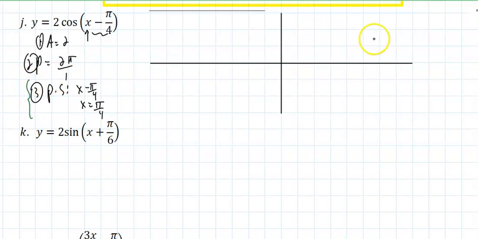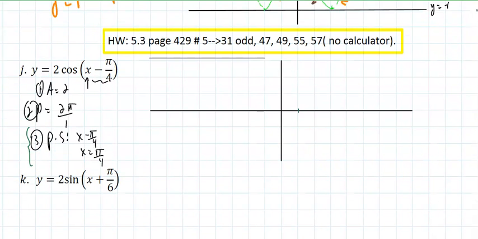I have a shift of pi over 4. I'm going to say pi over 4 is right here. Sometimes I have to adjust that a bit. So this is my new origin, x equals pi over 4.